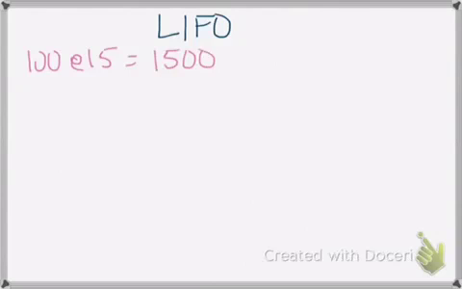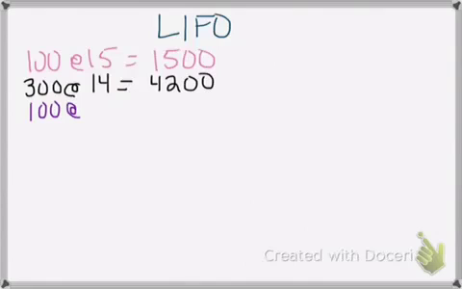We would have the 300 at 14, and that is a total of $4,200. And then we would have the 100 at 13, which would be $1,300.